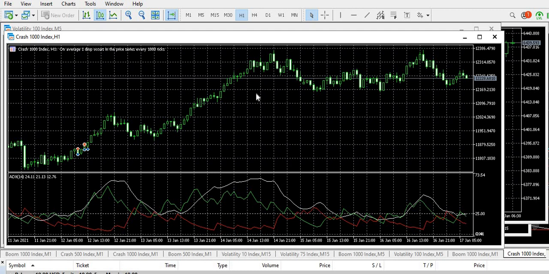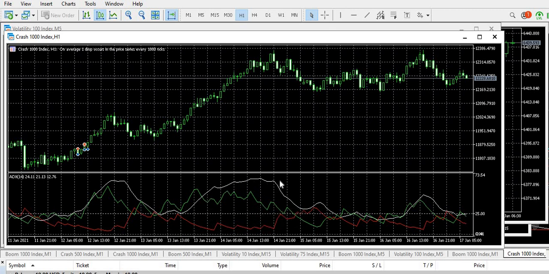Okay, so that's it for this tutorial, guys. I will be bringing more tutorials on how to use the different indicators, but if you are able to use the ADX properly, adding the TDI, I'm so sure you will be able to get winning signals, because this ADX line will clearly show you what is happening in the market.